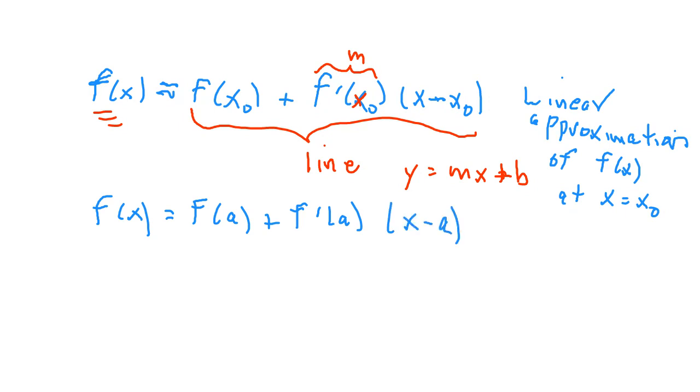How many remember that? Like a Maclaurin polynomial. Thank you to those that answered. I always like to acknowledge people that answer. Norina and Ara, yes, very good. So this is a linear approximation.